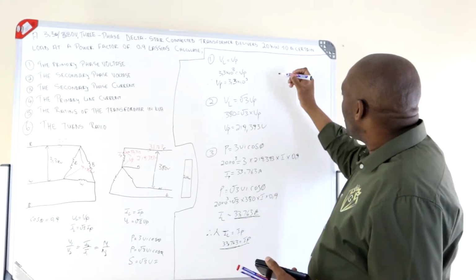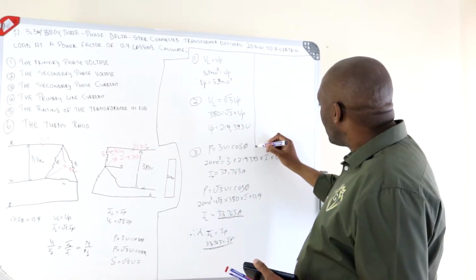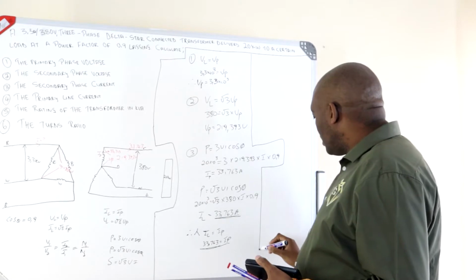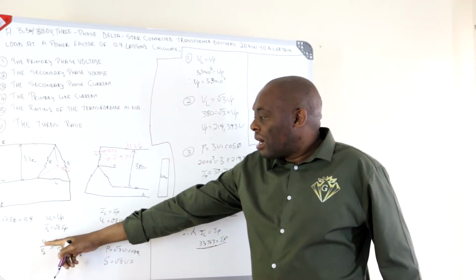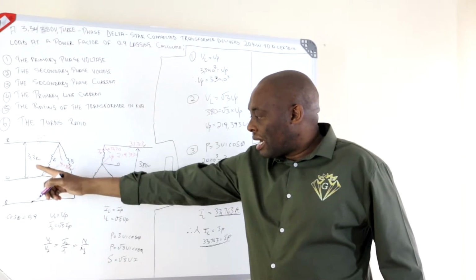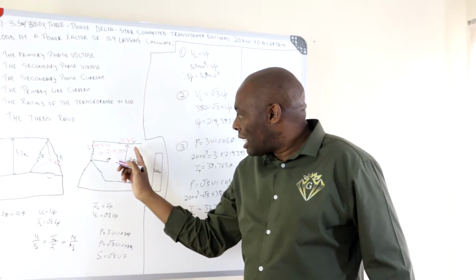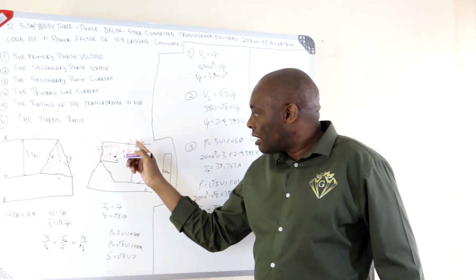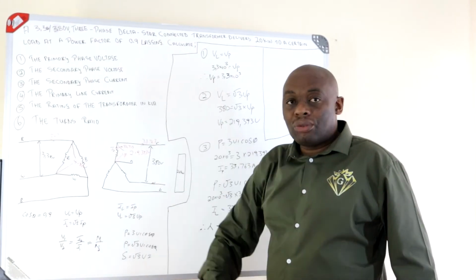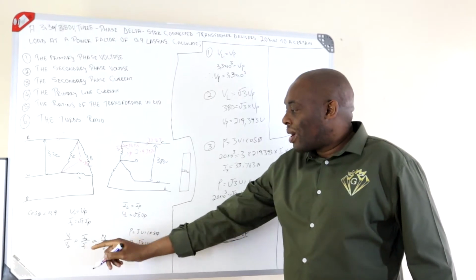Then we can use the transformer formulas. We have our V1 line, V2 line, which is 380, and we have our I2, which is 33,763. Therefore, we are looking for our I1 here.